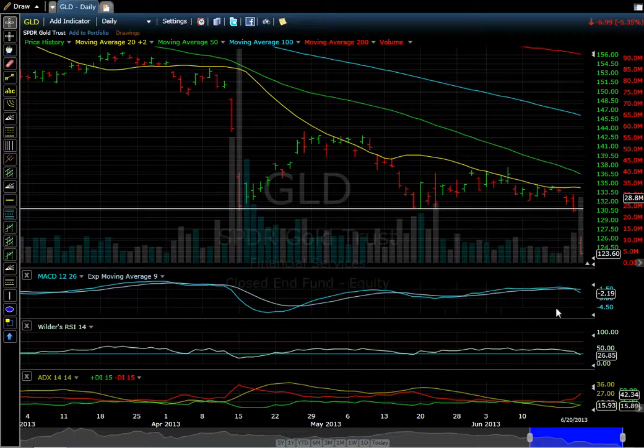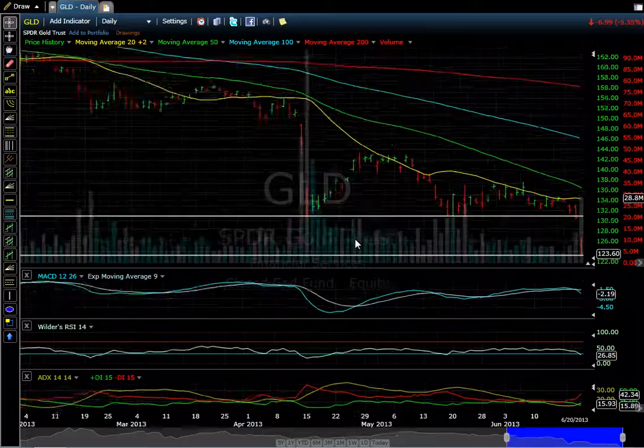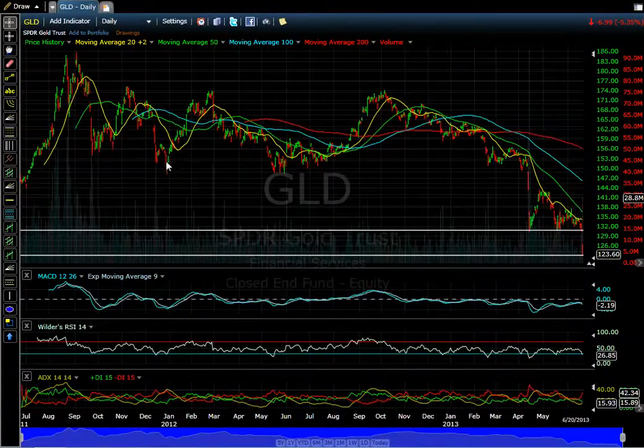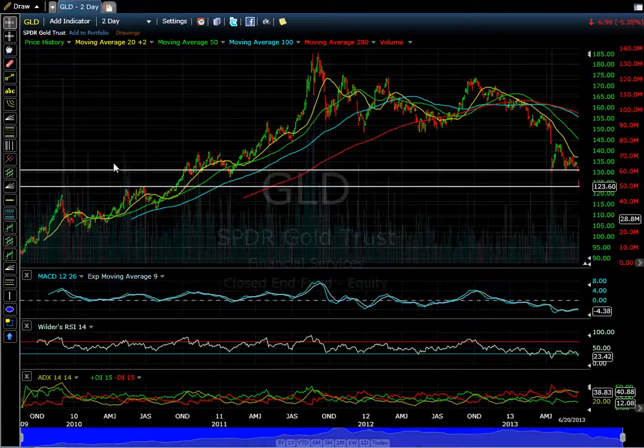So now that's your first swing trading line. Now we're just charting the chart. We're doing that level because I believe way back here when gold was at its lowest, you see this support level here.